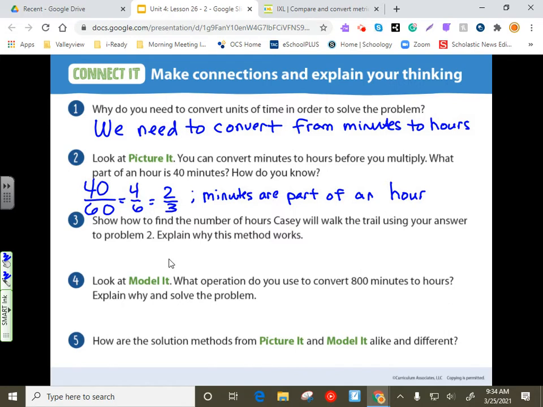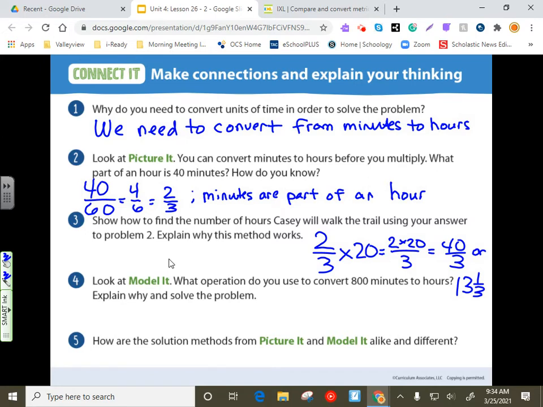So if we know 40 minutes is 2/3, and she's going to do this 20 times, we can just multiply these because this can be 2 times 20 over 3. So this is 40 over 3. And we can change 40 over 3 into 13 1/3. So we've got our improper fraction or a mixed number.